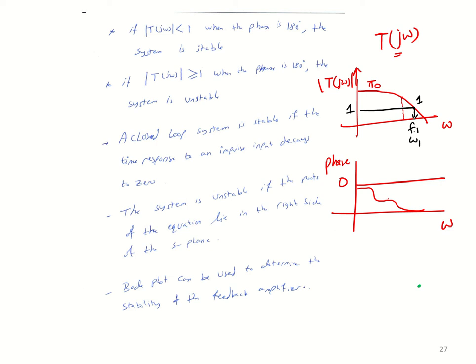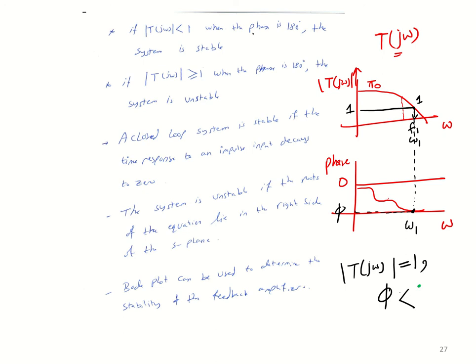Then we will find the corresponding phase at that frequency from the phase plot, and we will check whatever phase value we are getting. When the magnitude is 1 or less than 1, we will check the phase, and whether this phase is 180 degrees or less than 180 degrees.